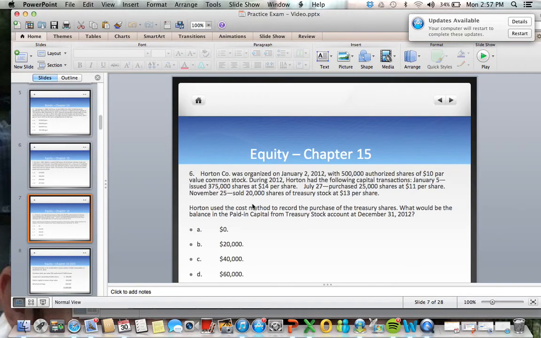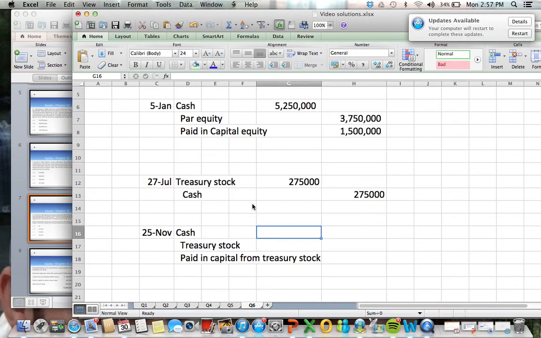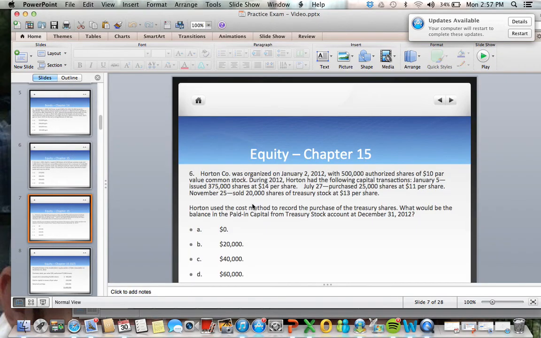Now, when we decided to go ahead and resell these 20,000 shares for 13, we're getting 20 times 13 in cash, right? So it's 260,000 in cash as a debit, right? Now, they cost us, remember, they cost us 11 per share.